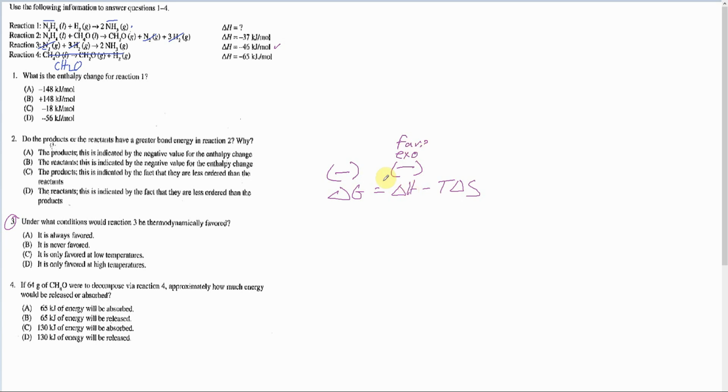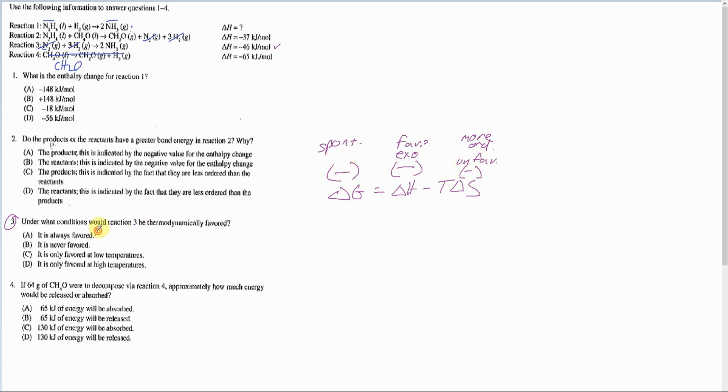And in order for a reaction to always be spontaneous, delta S would also need to be favorable. Well, we can make a prediction about delta S because we have two things coming together to make one. That is more ordered, right? And if it's more ordered, that is unfavorable for your delta S. That is negative. And so what that means is that this reaction is not always spontaneous.